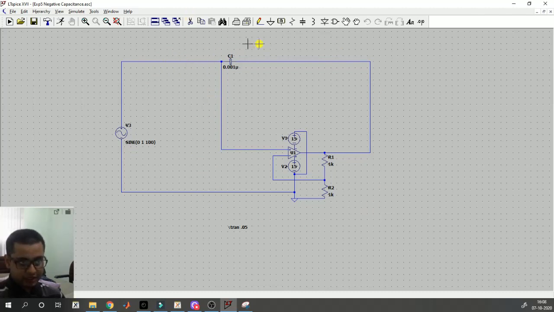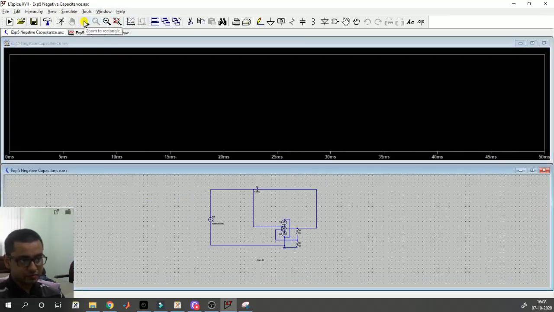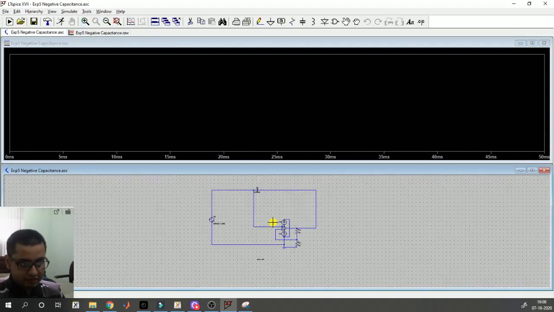So this part you can think as the negative capacitance circuit, and these two are the two terminals of my negative capacitor, and between these two terminals I have connected a voltage source. Okay, and let us see how it works. So let me run it. So this is running.